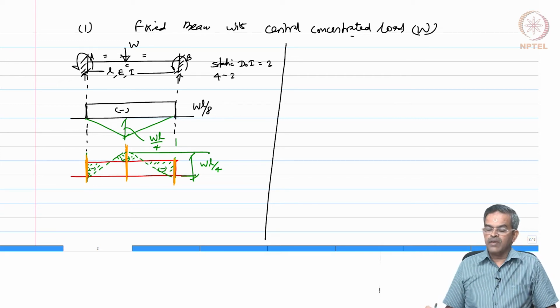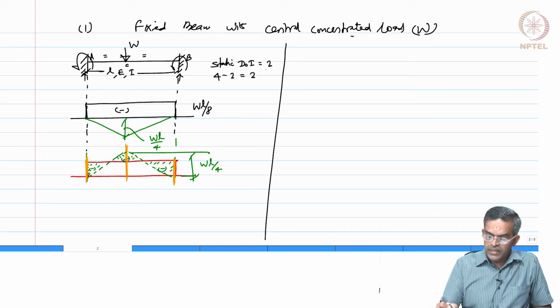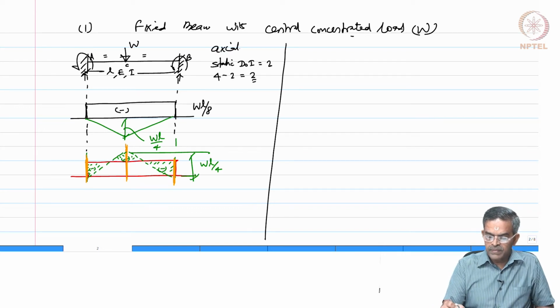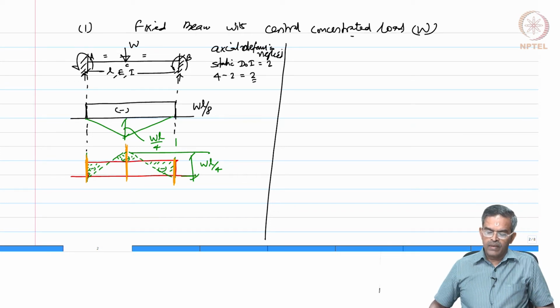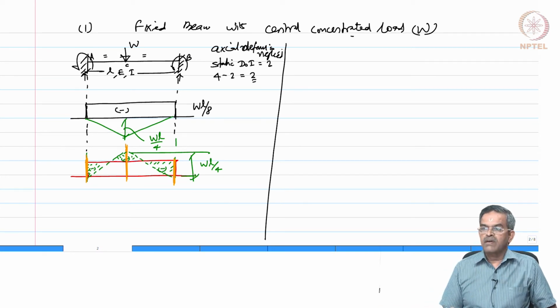There are 2 equations of equilibrium, sigma Fy equals 0 and sigma M equals 0. So, the degree of indeterminacy becomes 2 by neglecting axial deformation. Okay. So, I need how many hinges to get a mechanism? I need 3. Let us say these are my 3 places where the hinges can form.